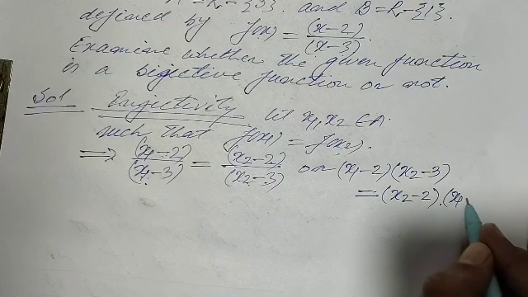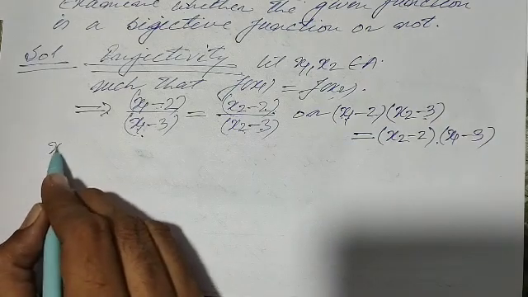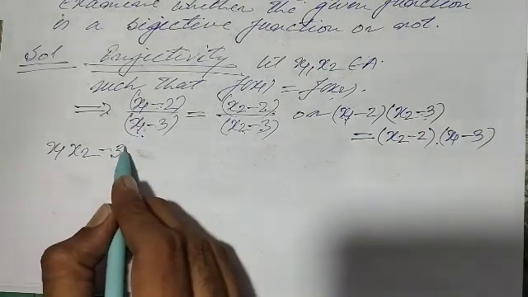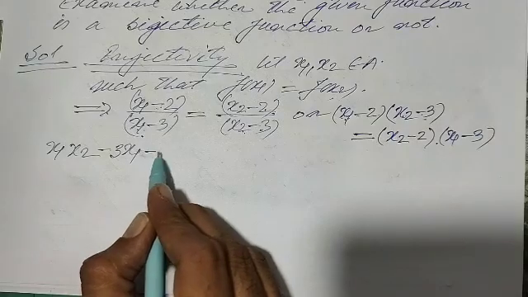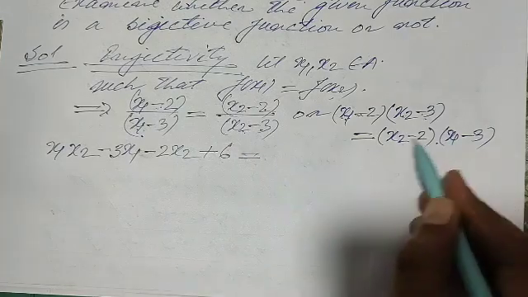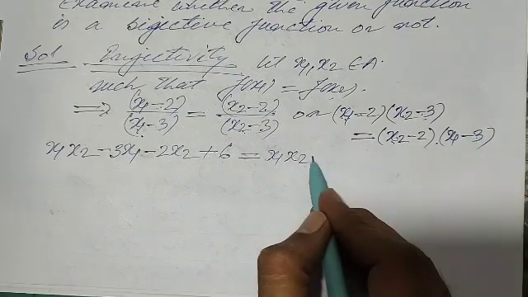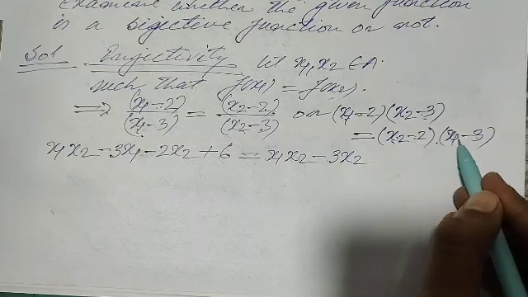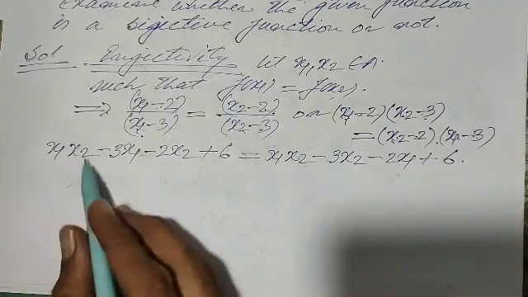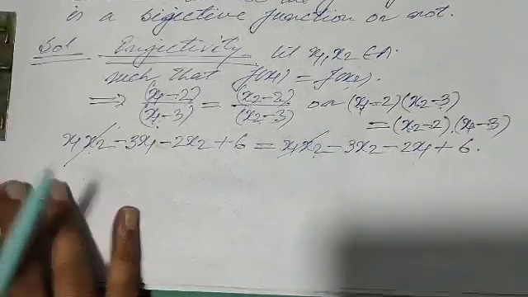is equal to (x2 minus 2) into (x1 minus 3). We need to multiply these two brackets, so we have x1 into x2, x1 into minus 3, minus 3x1, minus 2 into x2, minus 2x2, and minus 2 into minus 3, that is plus 6, is equal to, now here on the right hand side, x2 into x1, x1x2, and x2 into minus 3, minus 3x2, and minus 2 into x1, minus 2x1, and minus 2 into minus 3, that is plus 6. x1x2 on either side of equality having same signs, so these are cancelled with each other.